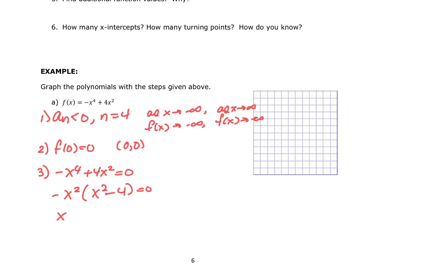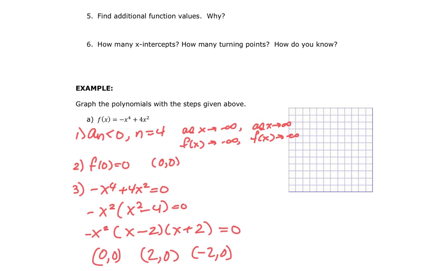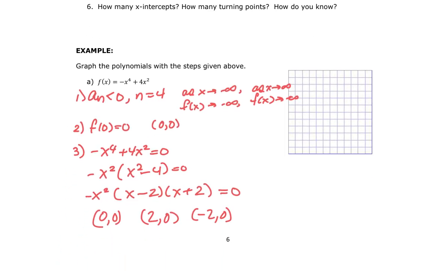So I get negative x squared, x minus 2, x plus 2, is equal to 0. So I end up with 0, 0. I end up with 2, 0. And I end up with negative 2, 0 as my intercepts. So that gives me the zeros.